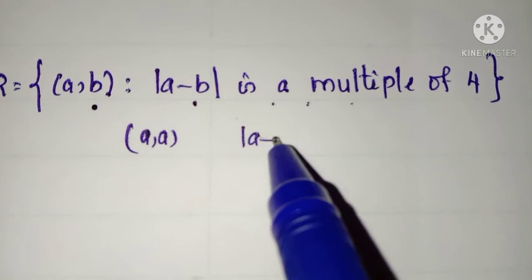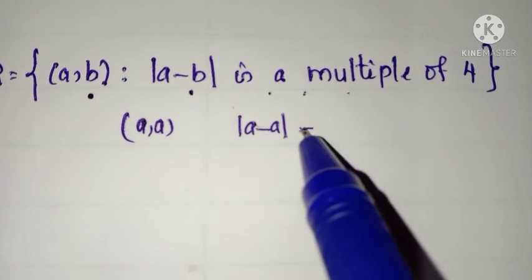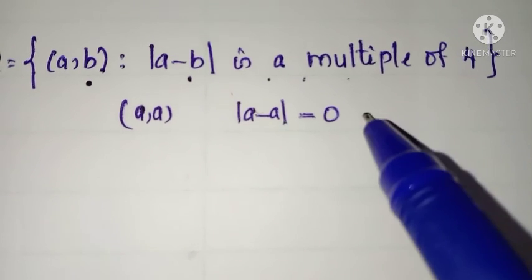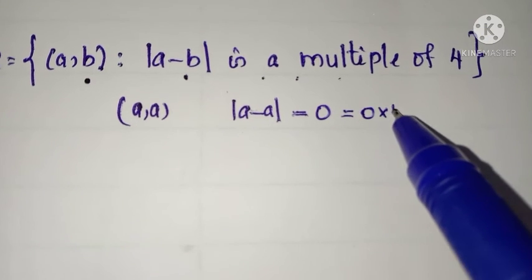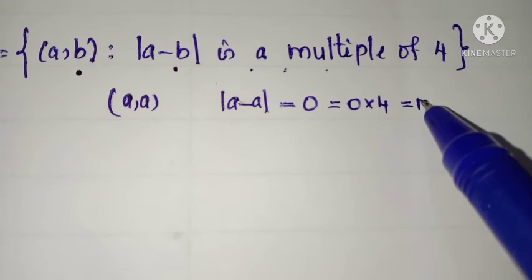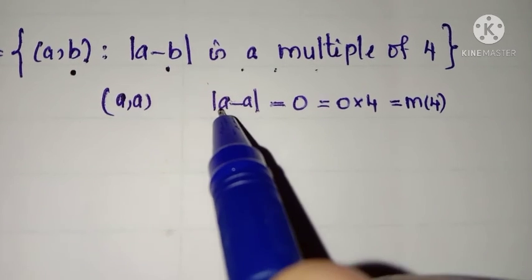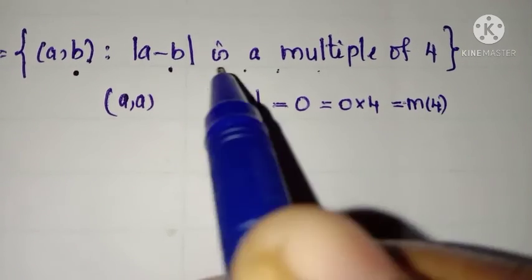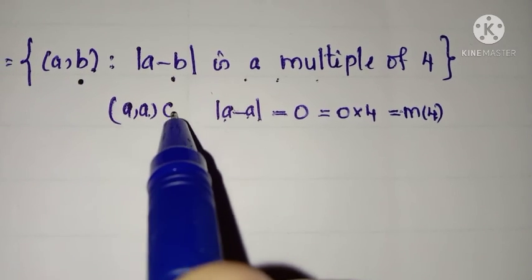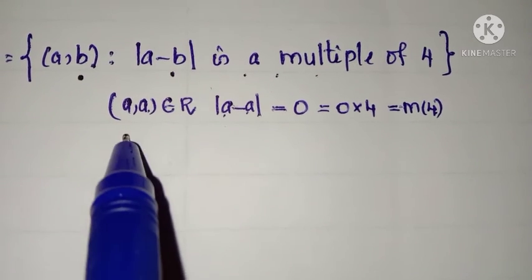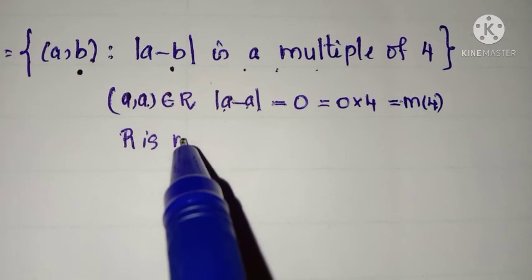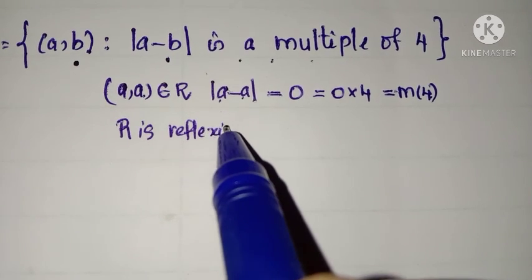Now what is |a − a|? |a − a| is equal to 0. 0 can be written as 0 into 4, which is a multiple of 4. So |a − a| is a multiple of 4, which means the ordered pair (a, a) belongs to R. That is, R is reflexive.